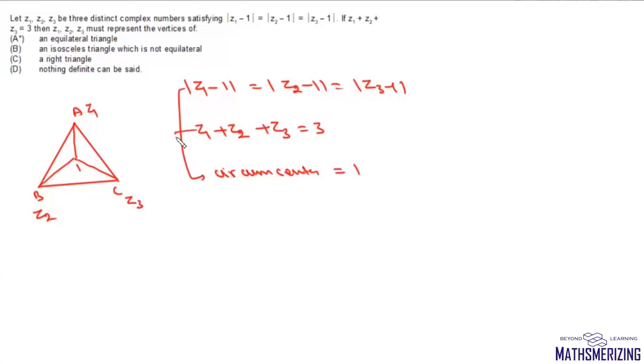Now if we divide the second condition by 3, we can write (Z1 plus Z2 plus Z3) by 3 is 1. That means centroid of this triangle is also 1. Now circumcenter and centroid coincide. That means this triangle must be an equilateral triangle. So answer is Z1, Z2, Z3 must represent the vertices of an equilateral triangle, and that's your option A.